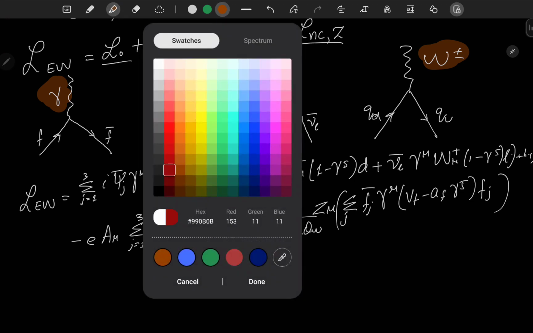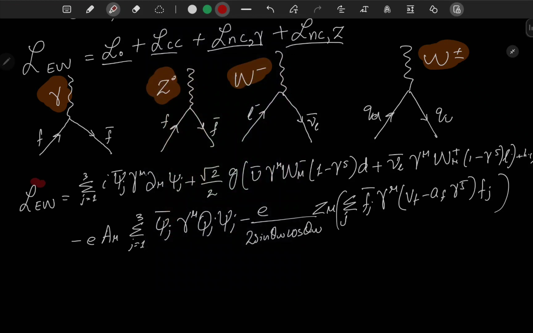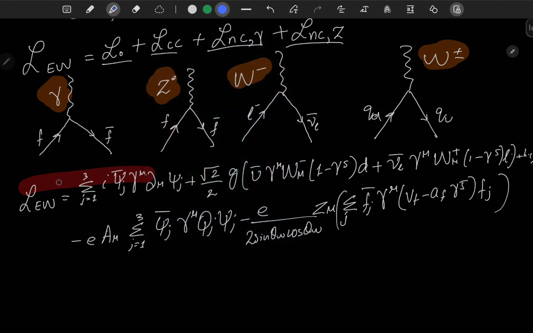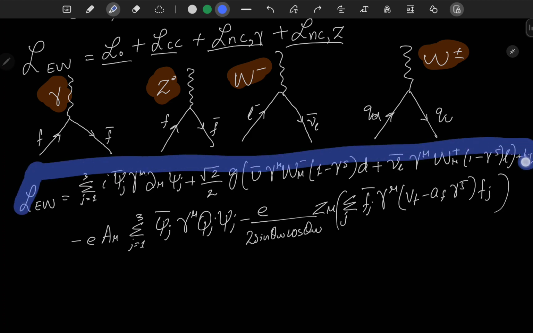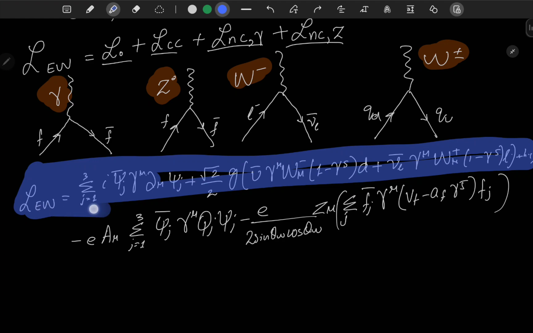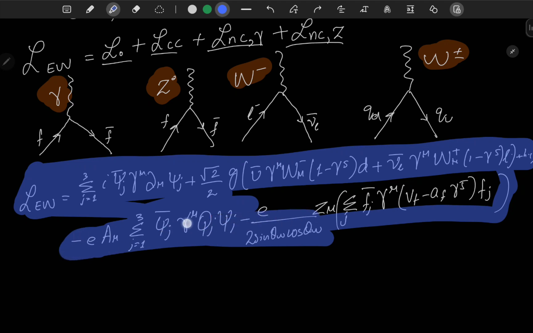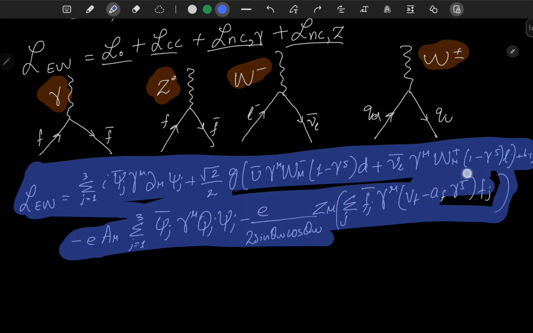Now I can highlight it, let's use some different color. So here we go. This highlighted mess right here is the Electroweak Lagrangian so far.